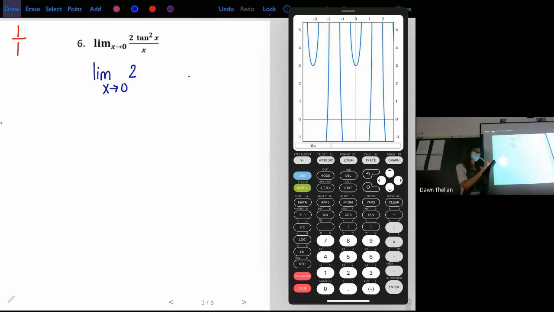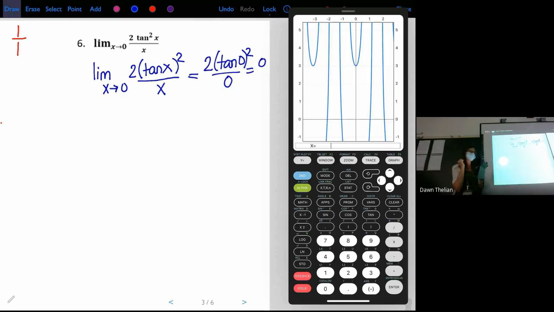So it's really saying this, all of tan x squared. Now, if we plug in our 0, the tangent of 0 is 0. So we do get 0 over 0.